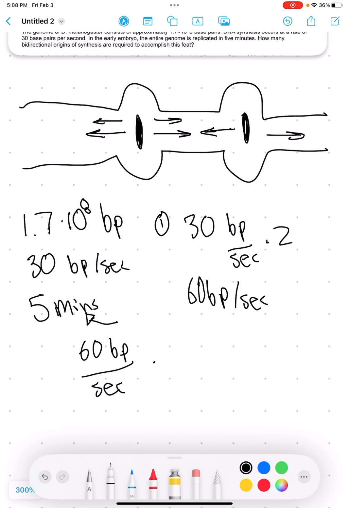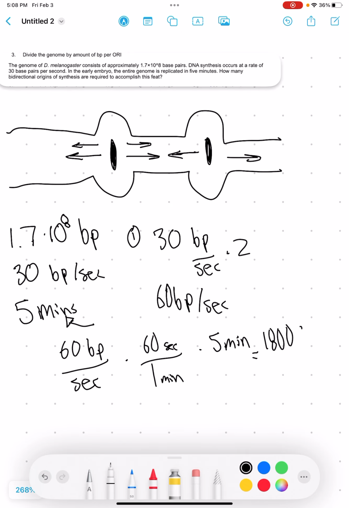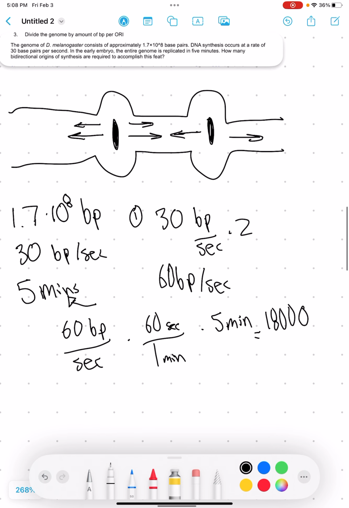It takes 5 minutes, so we have 60 base pairs per second times 60 seconds per 1 minute times 5 minutes. And that would give us 18,000. So this is how many base pairs are coded for per origin of replication in 5 minutes.